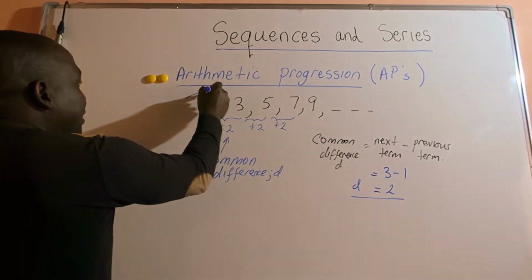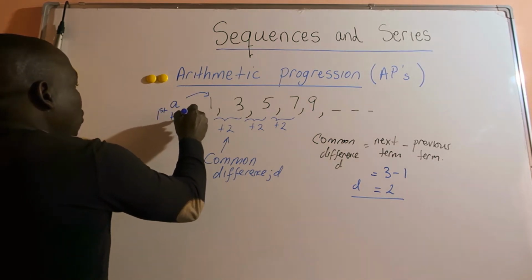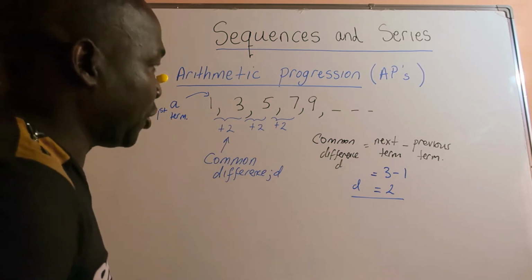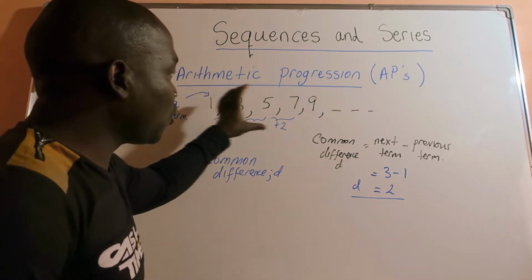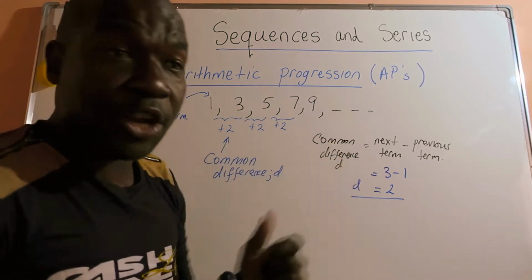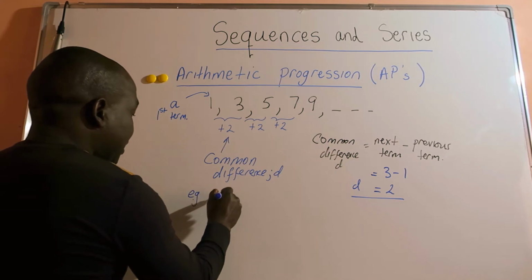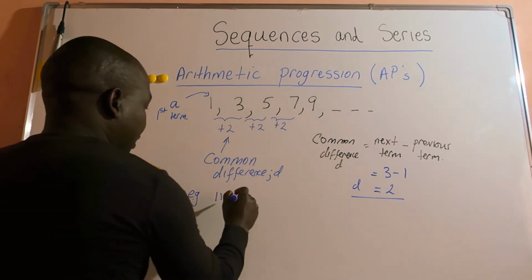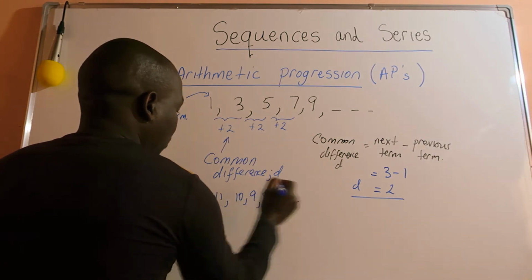Now, we use the letter A to represent the first term. An arithmetic progression is either when you are adding to get the next term, or when you are subtracting. So let's see an example where you are subtracting. I may start 11, 10, 9, 8, and so on.